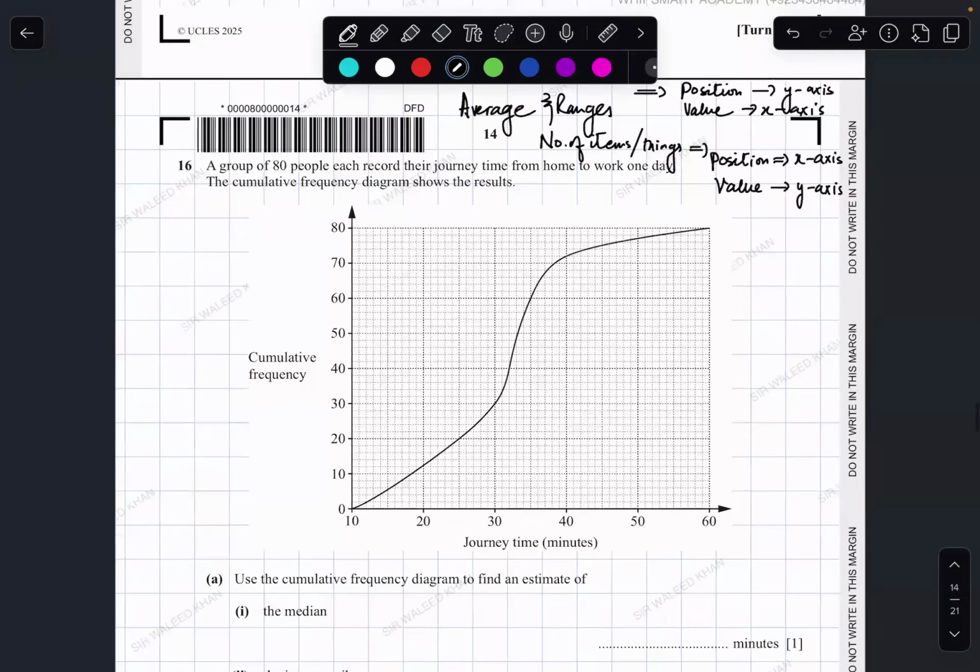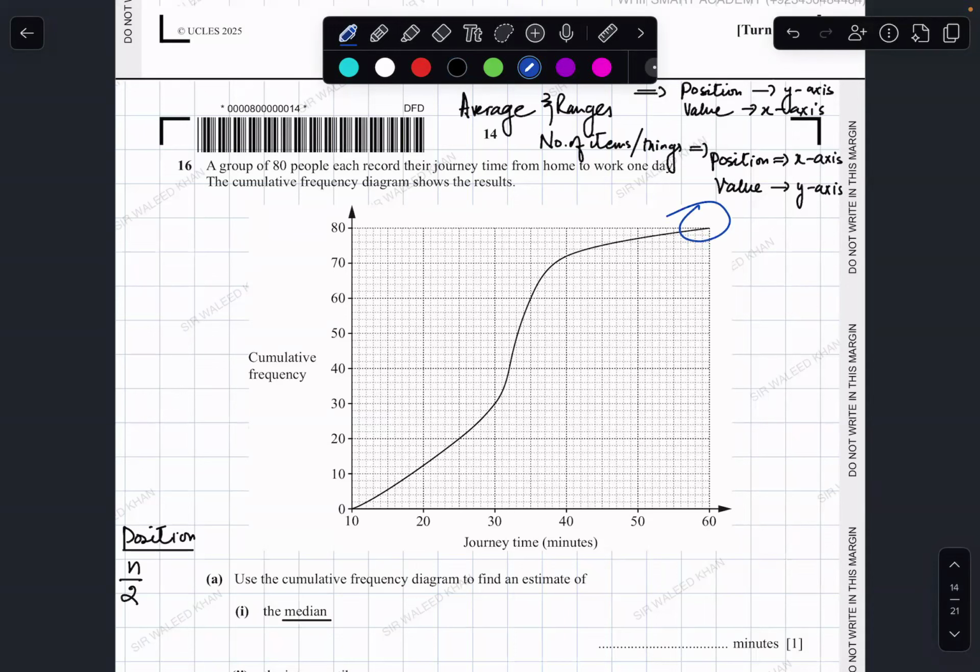So we have some formulas to figure out the average, which is the median. The position of the median will be N divided by 2. N is the highest value in the cumulative frequency curve.